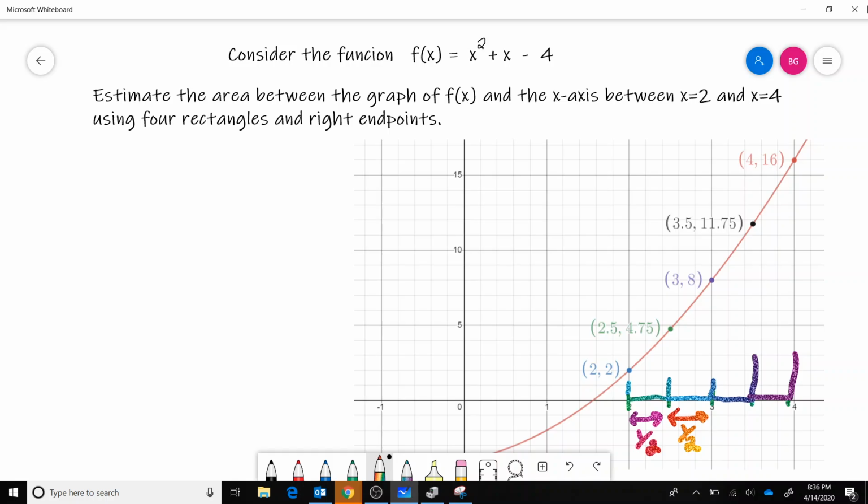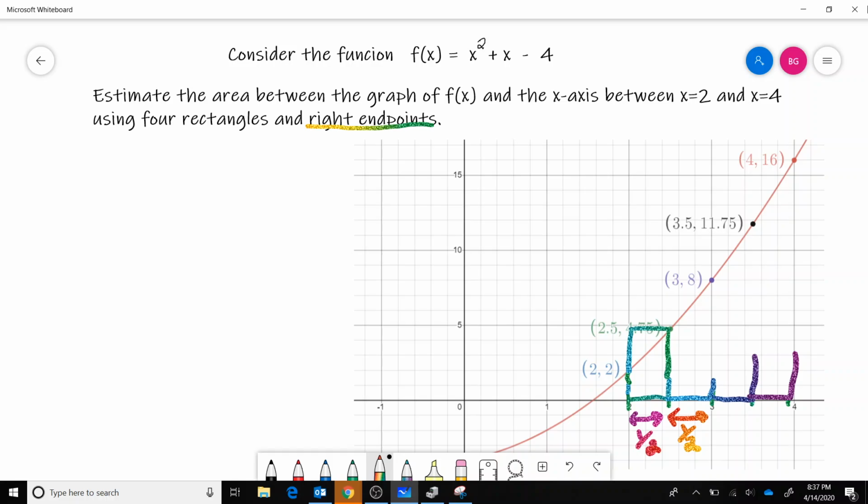They also asked me to use the right endpoints. Now, what that means, guys, this is the tricky part, is this first rectangle here kind of looks like this, but on the left side, my rectangle has a height of 2, and on the right side here, my rectangle has a height of 4.75, and this one says use rectangles with the right endpoints. So this box here, I'm going to use the right endpoint, and that's going to be my rectangle.